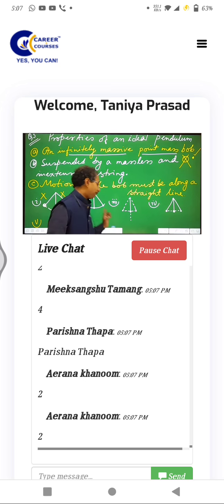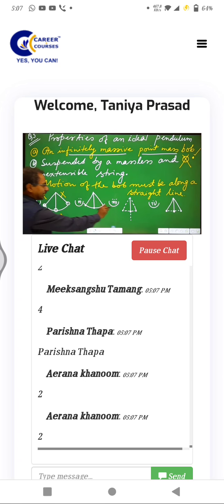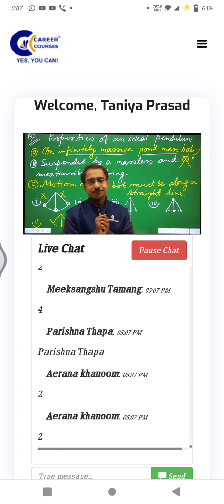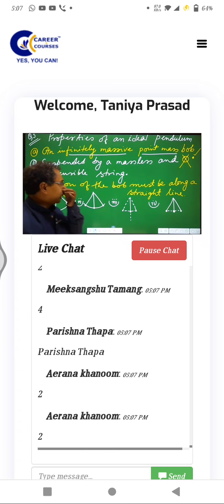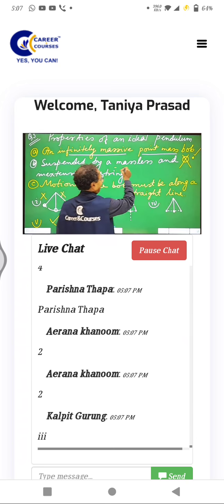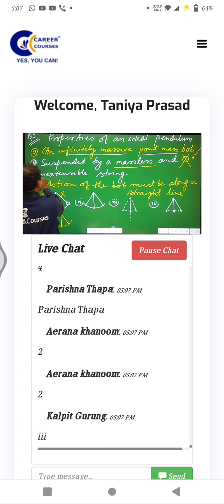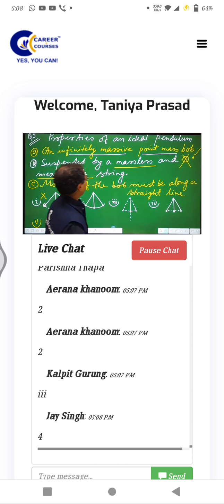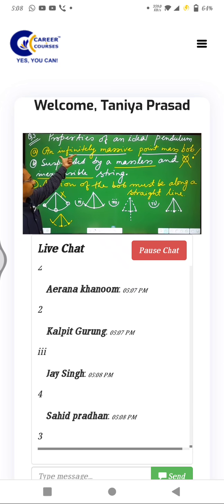The other four represent a point mass, no matter. Here the point masses are drawn. It's correct. Point number two: it is suspended by a massless and inextensible string. We understand the body is very heavy. Infinitely massive body means its mass is very, very high.